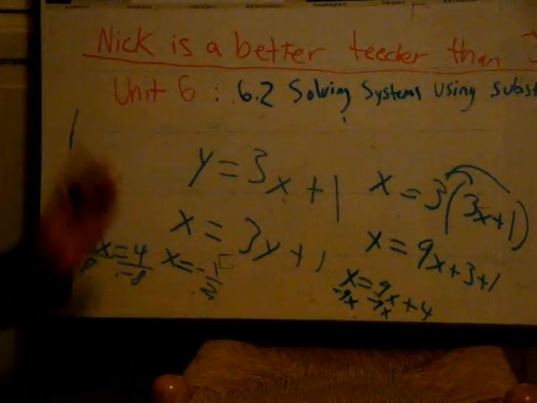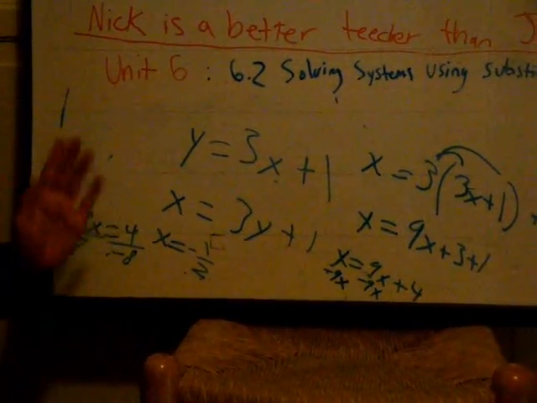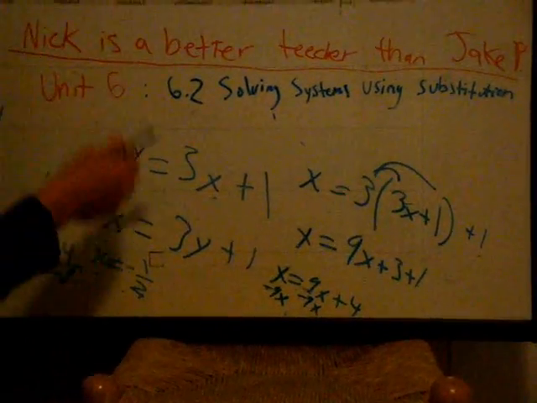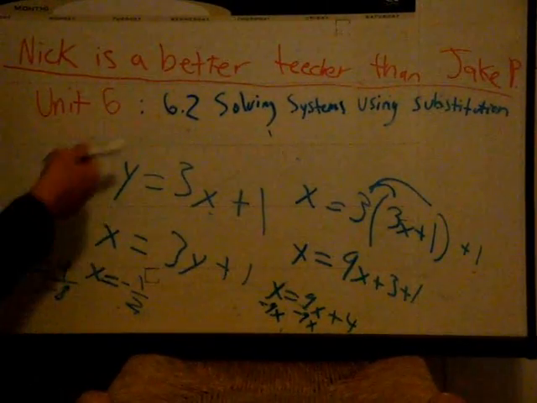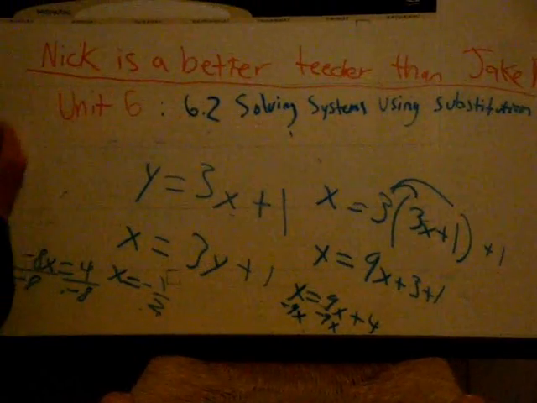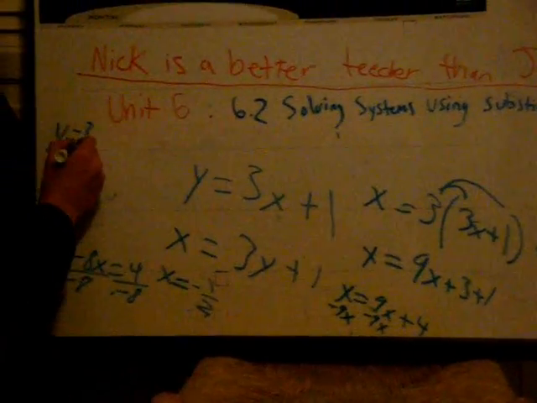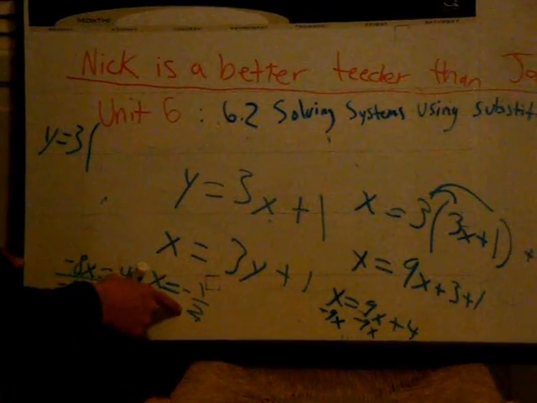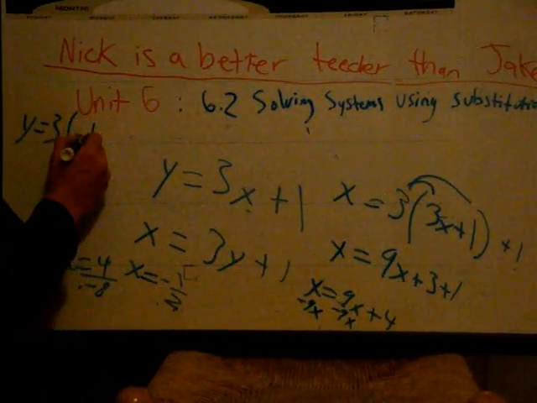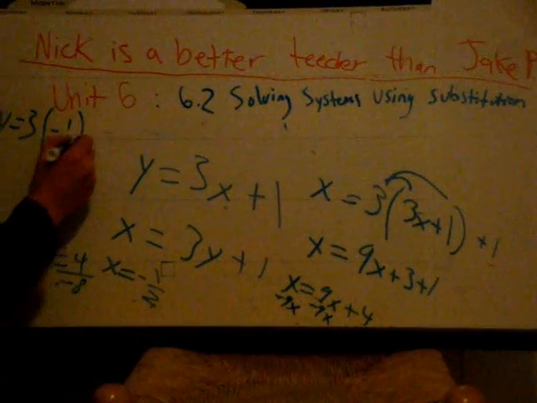Okay, so that was a lot, I know, but we're not done yet. Now we have to plug this back into this, which would give us y equals 3, and then x equals negative 1/2, plus 1.